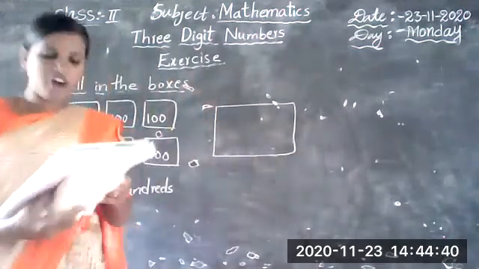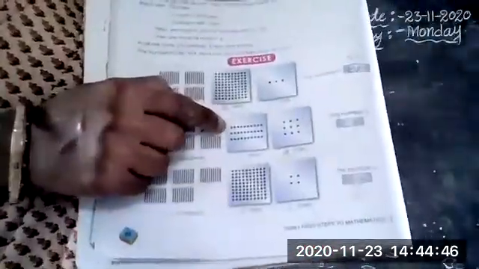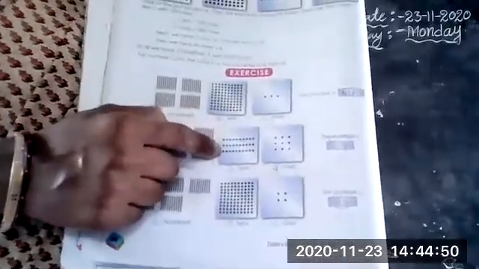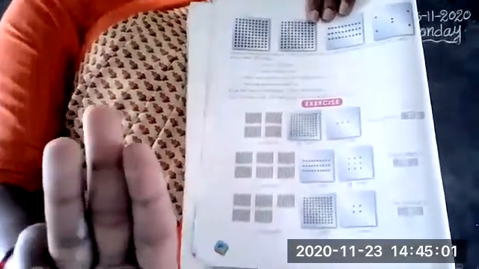Next, count. How many tens are there, children? So how many rows are there? Tens rows. 1, 2, 3. 3 rows. Each row has 10 holes.